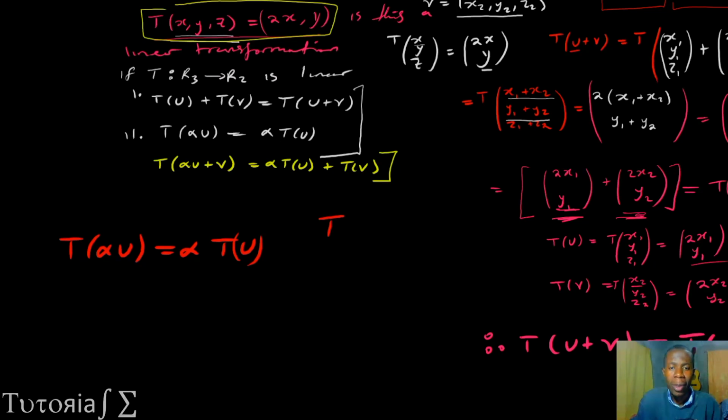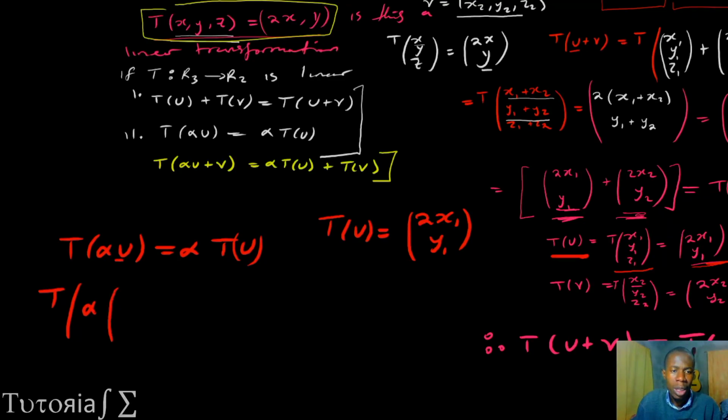So we know that transformation of u is basically equal to 2x1, y1 gotten from here. So transformation of u, which is equal to transformation of x1, y1, z1, will give us this right here. So we know what this is. So now what we're going to do is say transformation of u, this will be equal to transformation of alpha times u.